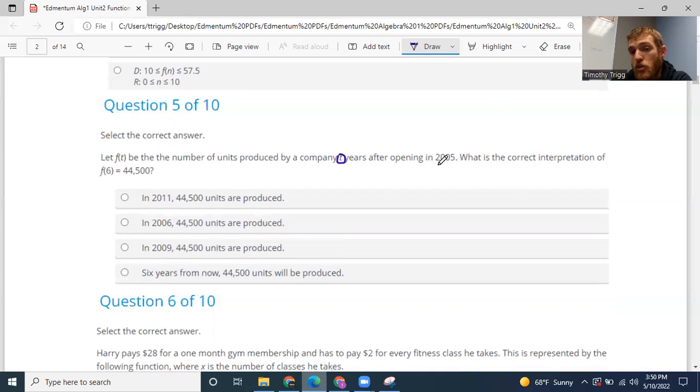And that's the number of years since 2005. So if I'm doing 6 years from 2005, well, that would be 2011. Okay, so I know it's this one. And that the result or the number of units produced is the output. So 44,500 units produced.